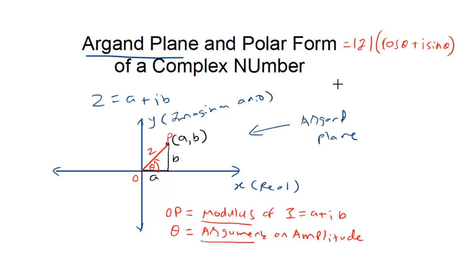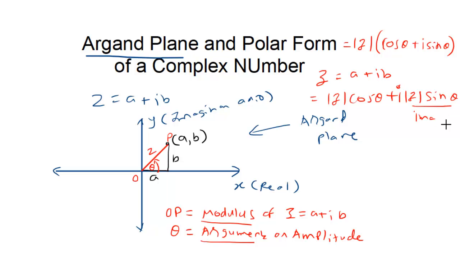The same complex number a plus ib, whose modulus is mod of z, can be represented as mod of z cos theta plus i mod of z sin theta, where this is the real part and this is the imaginary part.